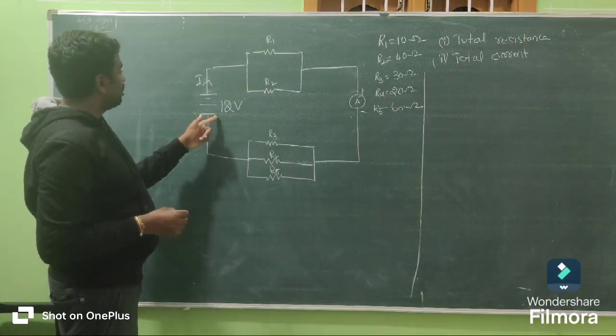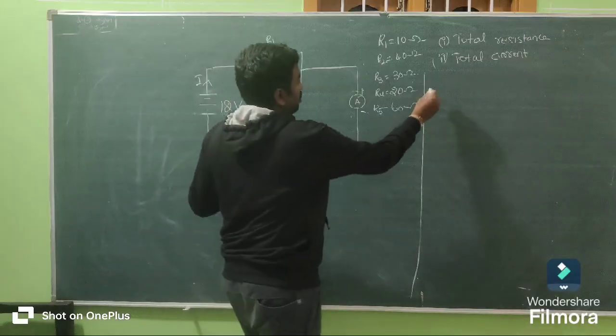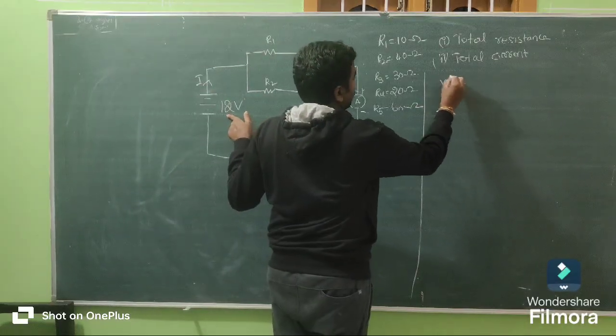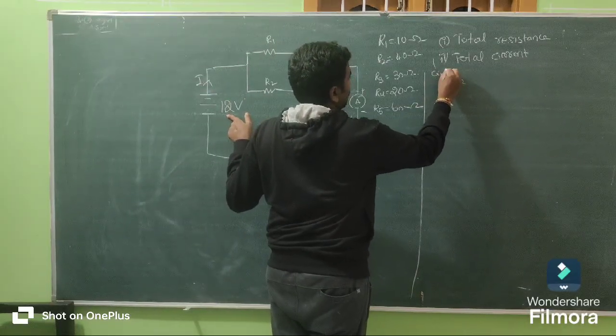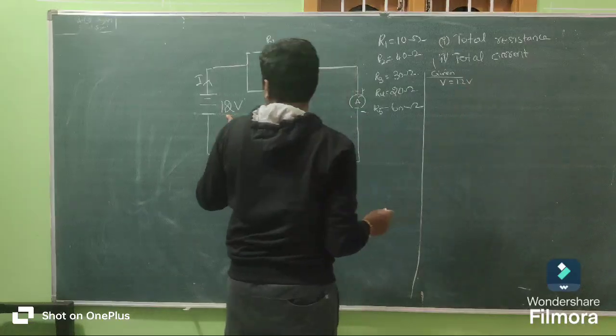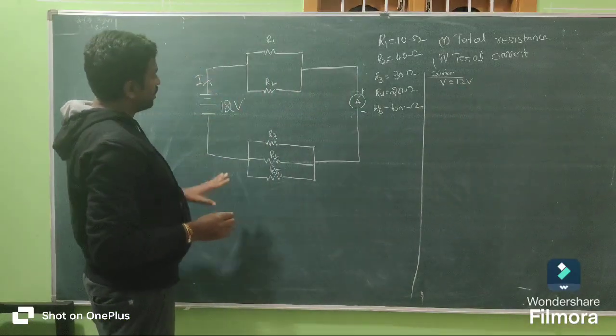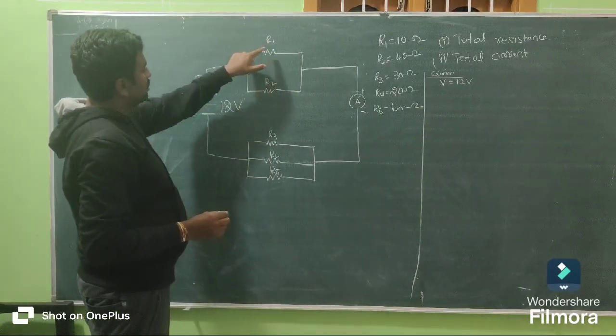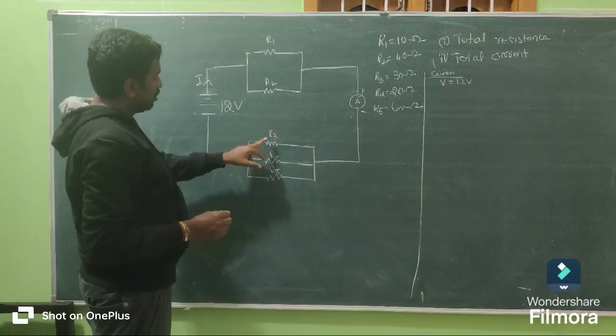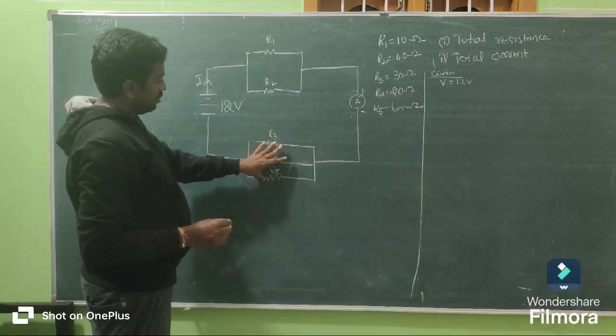Here we have a battery which is 12 volt. V is equal to 12 volt given, and there are 5 resistors. The first and second are in parallel, and the third, fourth, and fifth are in parallel.